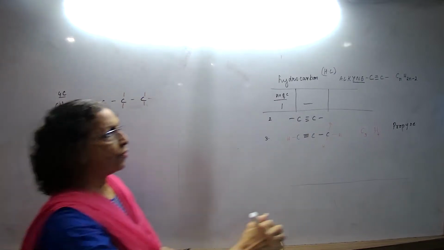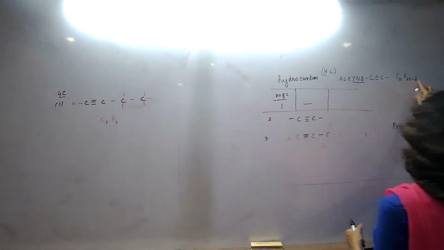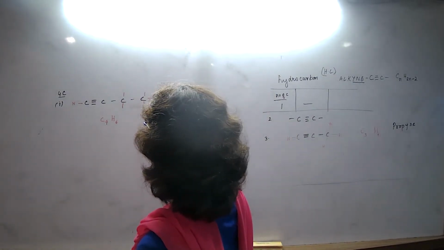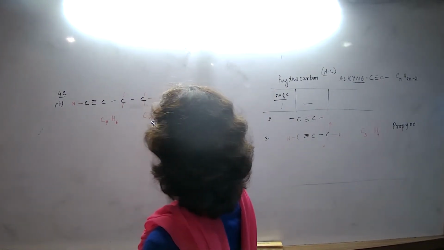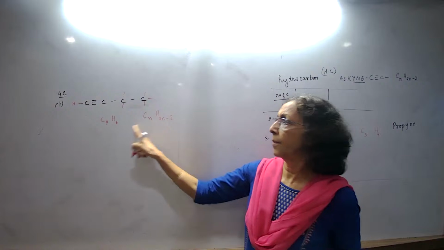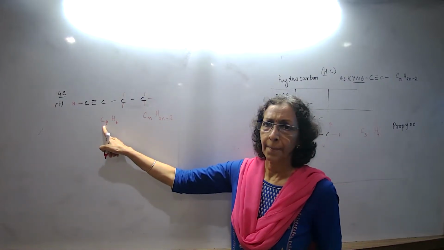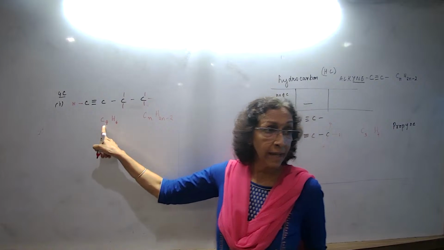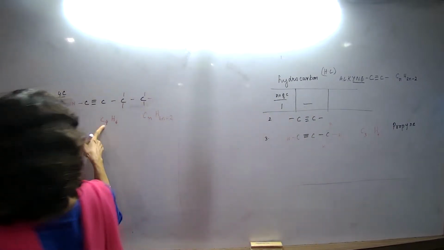Now you look at the general formula CnH2n minus 2. What is the number of n here? 4. Did you understand? Everybody? What does that n tell us? N tells us the number of carbon atoms.